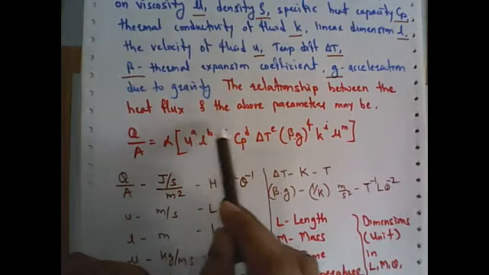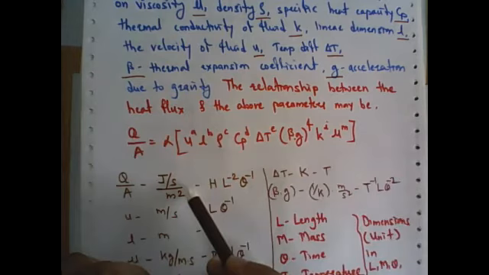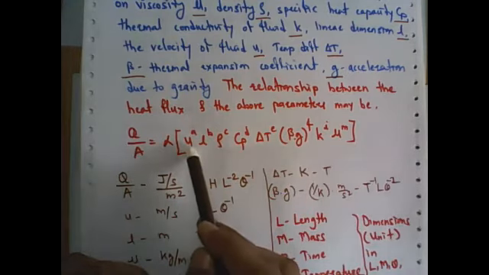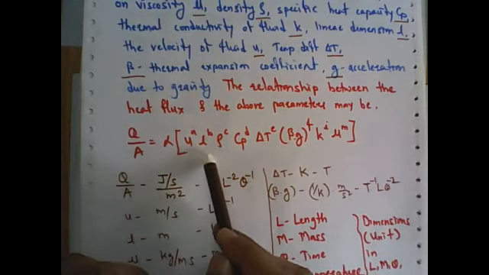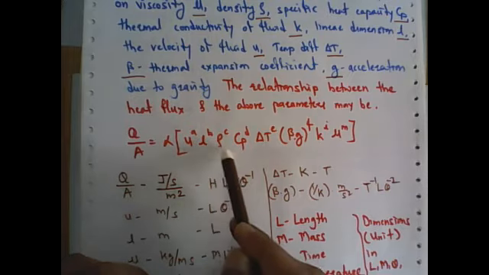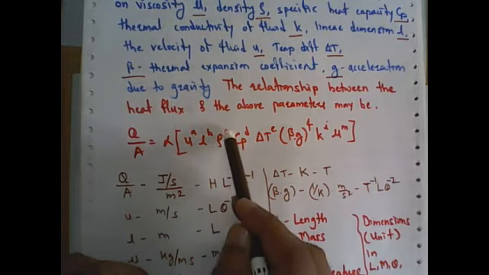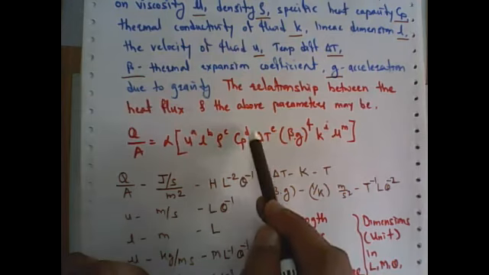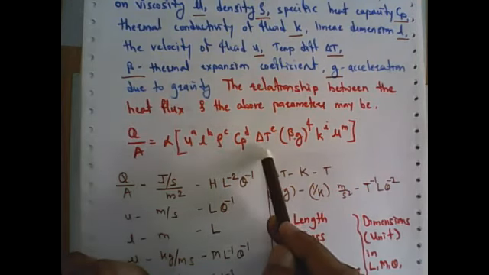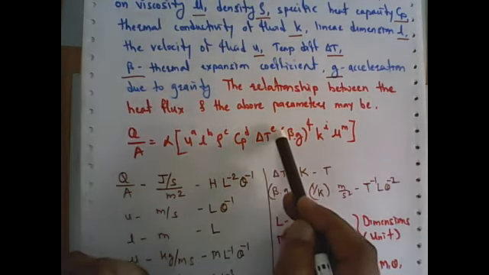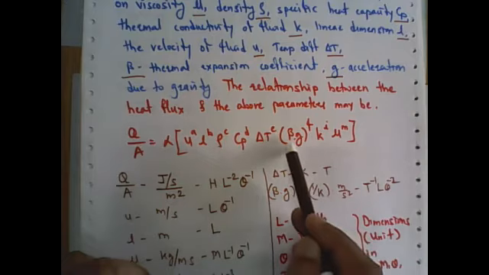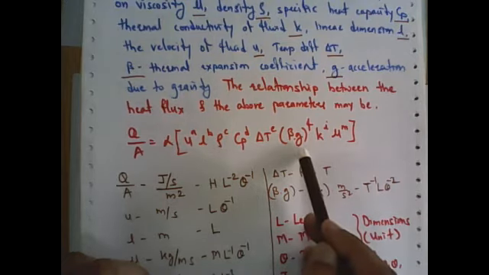These a, b, c, d are the empirical constants. So u is velocity raised to a, L is length raised to b, rho is density raised to c, Cp is specific heat raised to small d, delta T is temperature difference raised to e, beta is thermal expansion coefficient, and g is acceleration due to gravity.